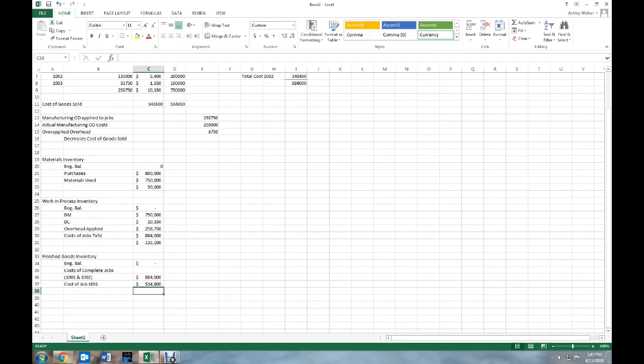So normally our beginning balance plus the cost of our complete jobs minus what we sold, because those costs have now been transferred to cost of goods sold. We should have a finished goods inventory of $340,400.